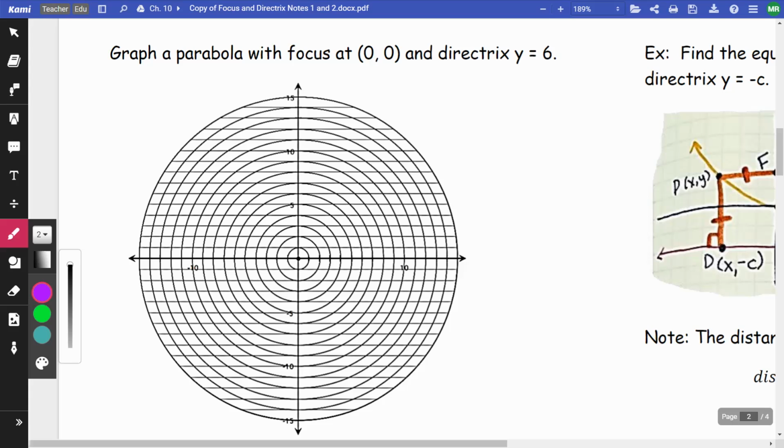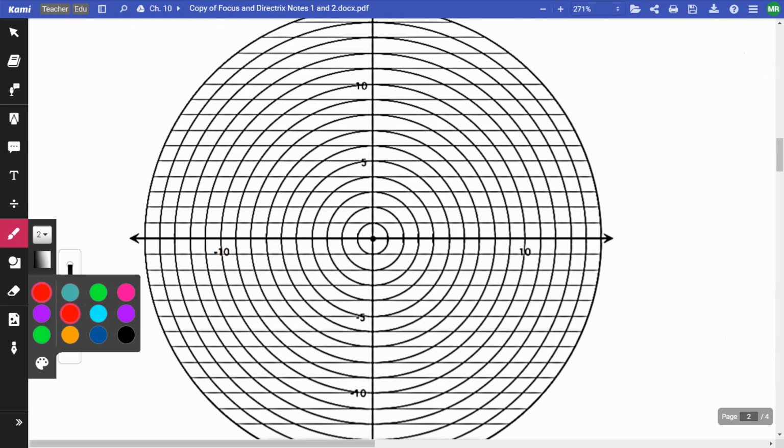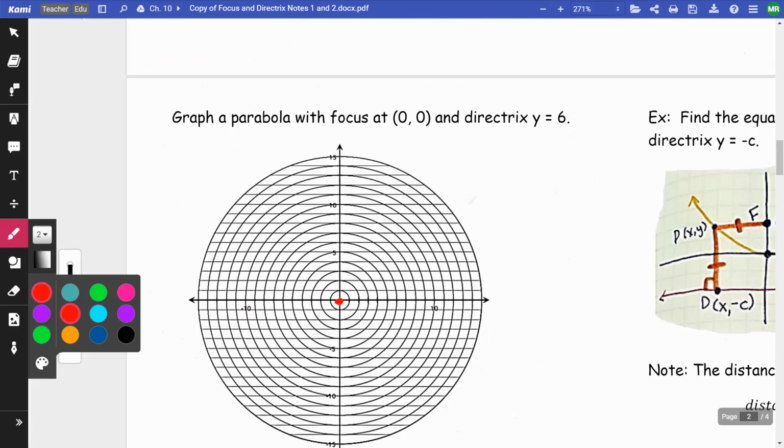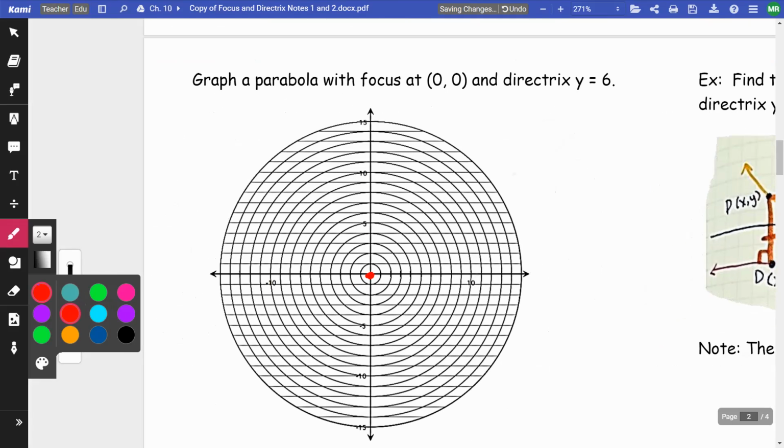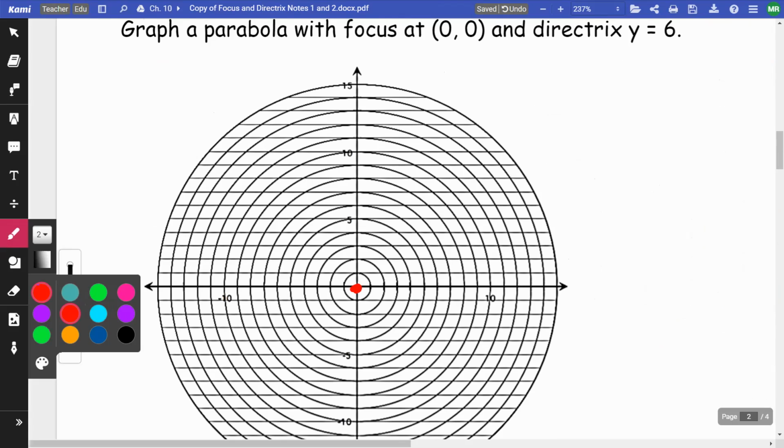So my focus is at 0, 0. So I'm going to plot my focus at 0, 0. And I'm going to put an F there. Actually, I'm going to put it below it.